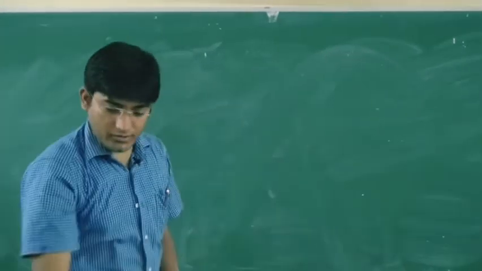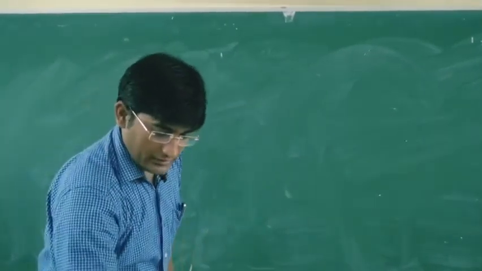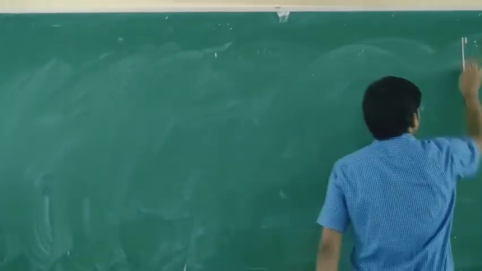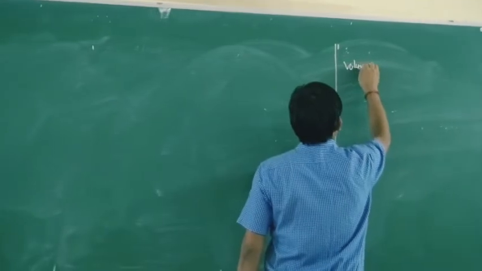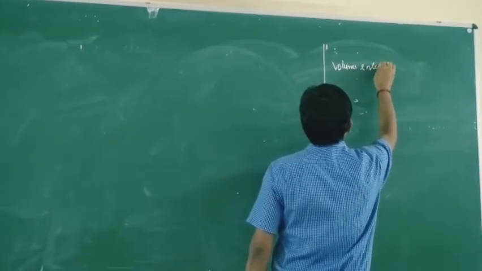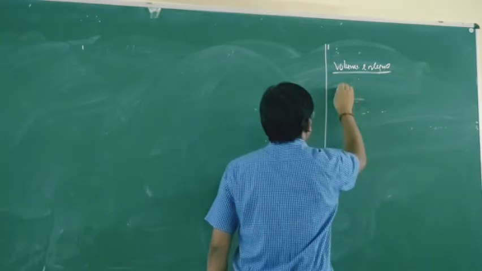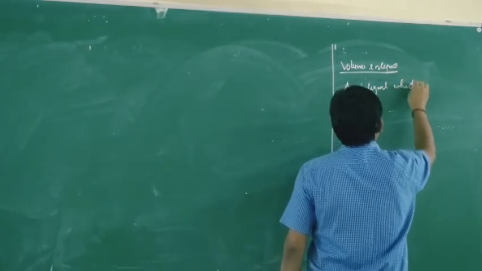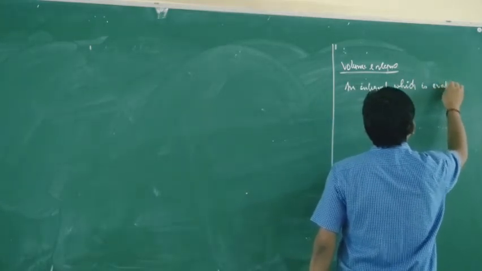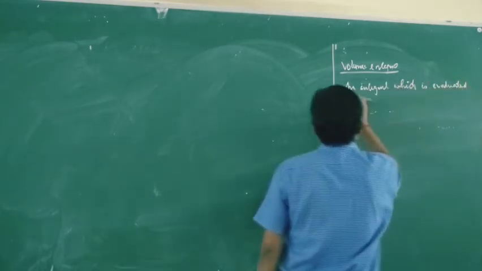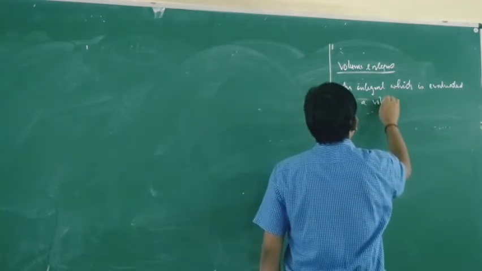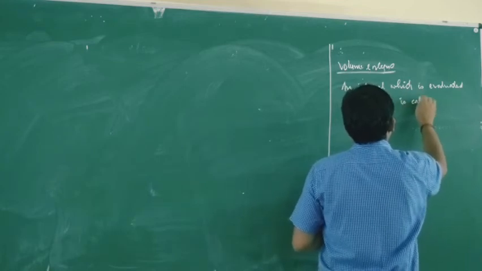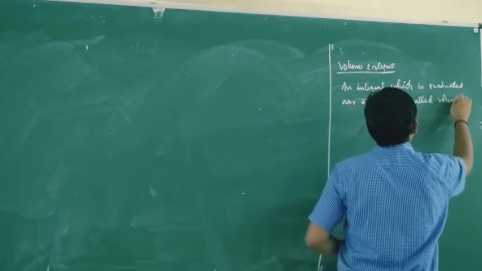Now let us discuss the volume integral, and then we will prove the Gauss Divergence Theorem. An integral which is evaluated over a volume is called a volume integral.